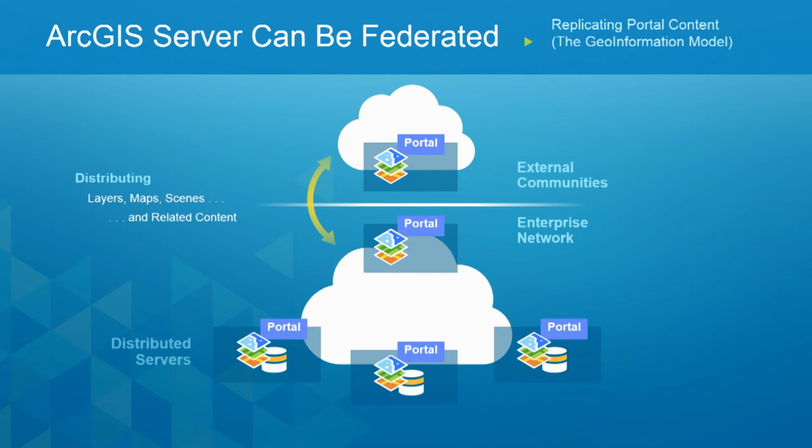What is coming at 10.5 is the idea that the layers, the Geo Information Model, the maps, all the items can be federated so that if I have my department's portal and its content, metadata, it'll rise up to a larger portal. And also be able to replicate itself to an external portal that might serve the public. I just wanted to make that clear that that is coming, going into beta early this summer.